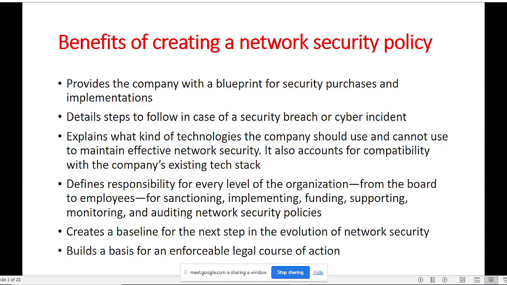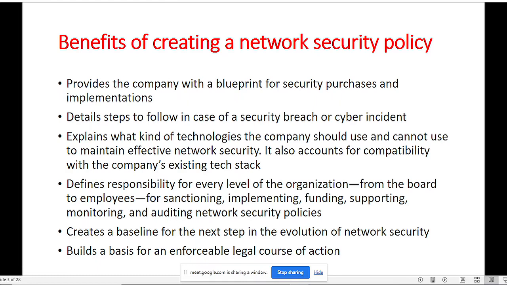So, some of the benefits of having a network security policy: it gives the blueprint to a given company on how to implement the various security related issues. It also gives a step by step procedure in case there's some kind of breach within the network.